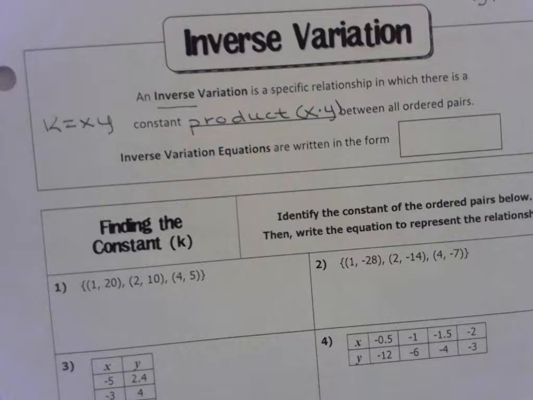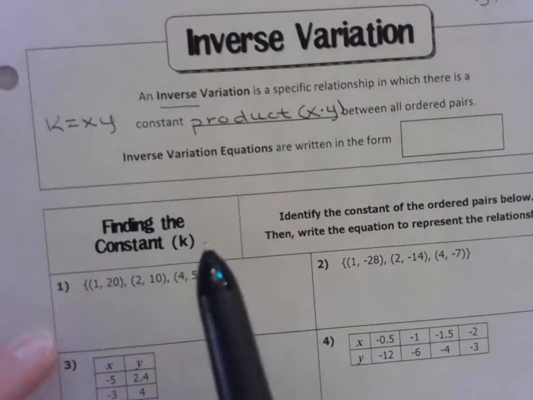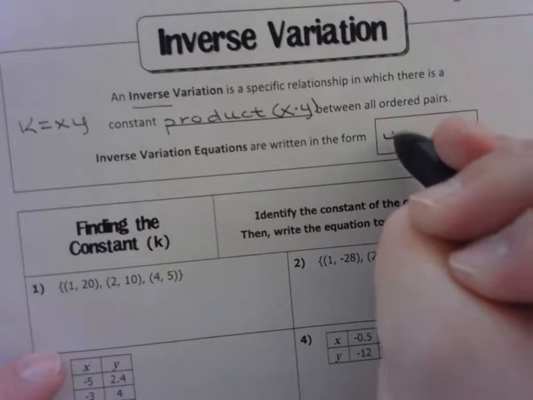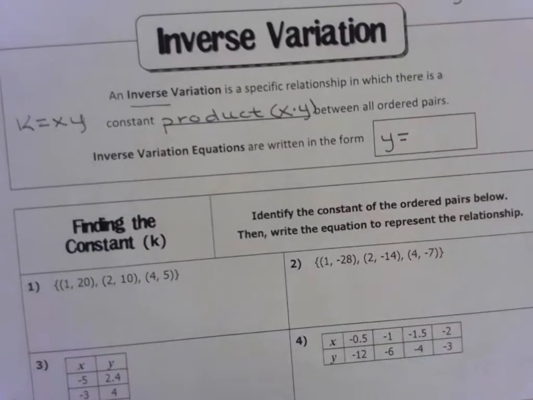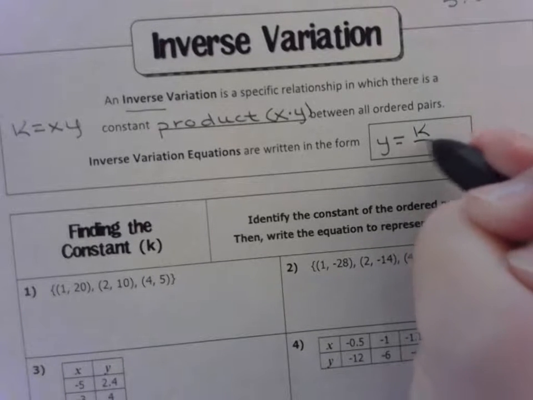Okay, now the equation is also opposite. The direct variation equation was y equals kx, so the inverse will be what? If direct was y equals kx, inverse will be y equals... It's the opposite. What's the opposite of k times x? K over x. Okay?